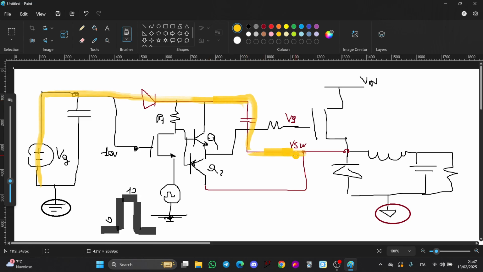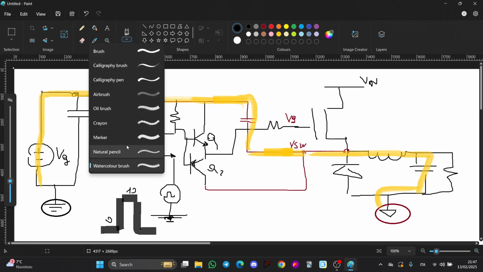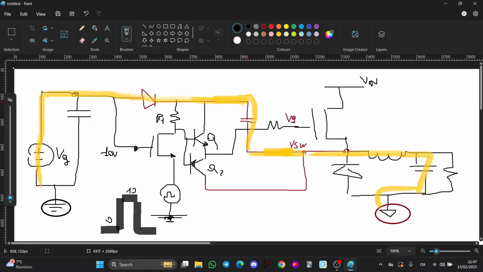But now it has to close somewhere. So in the first phase, the voltage across the capacitor C boot is charged to VG.